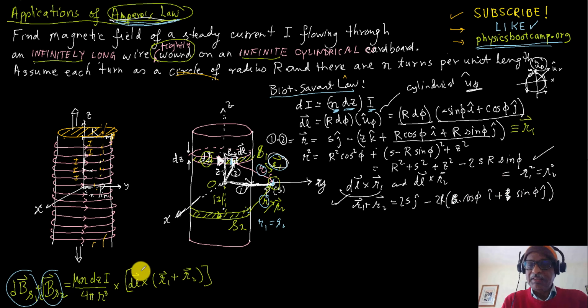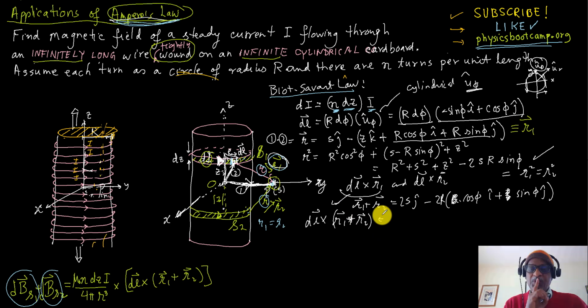And if I do dl cross to get the net magnetic field from these two bands, I'm going to get direction in the r1 and r2 direction. So we are going to get a really strange looking expression, but all will be in the k hat direction.